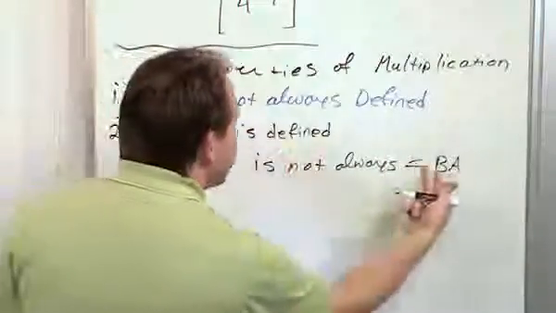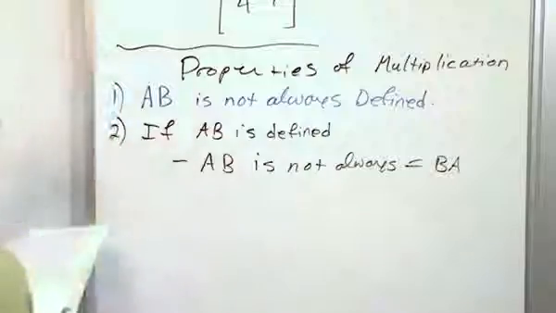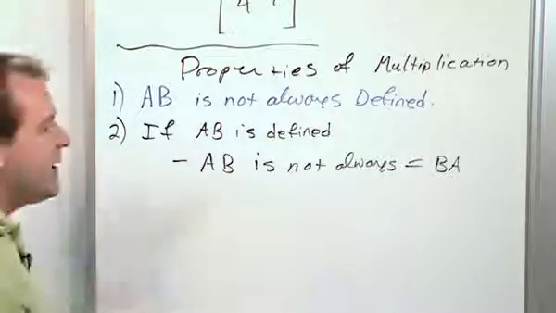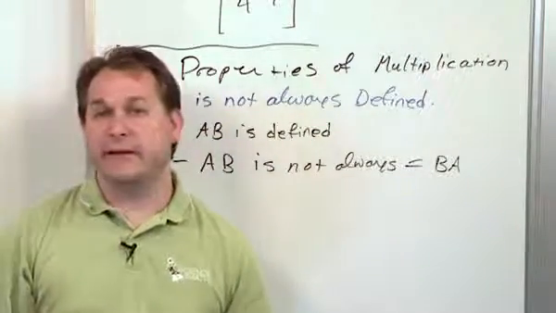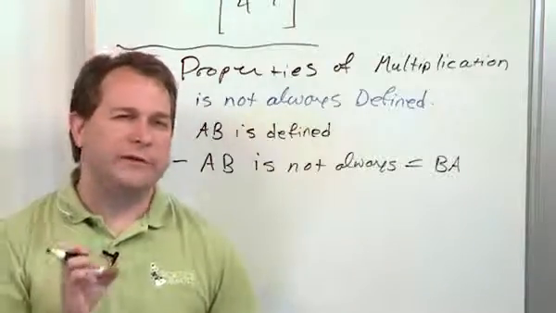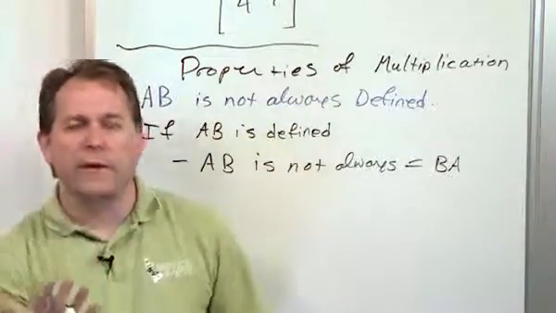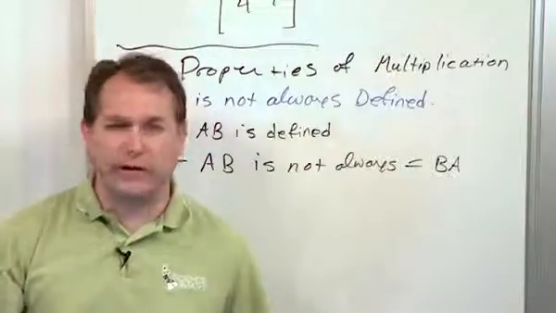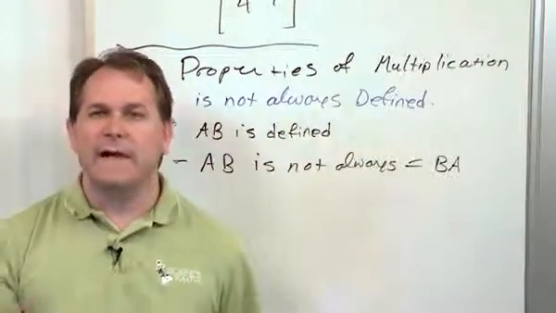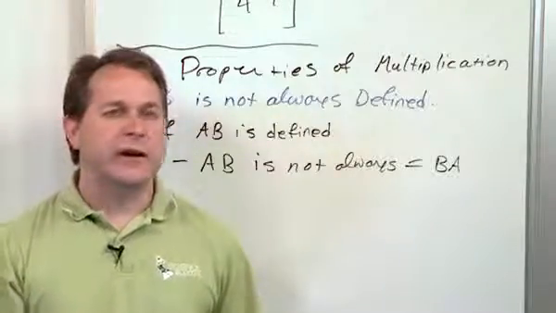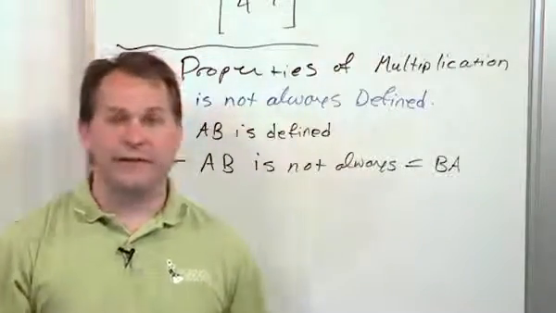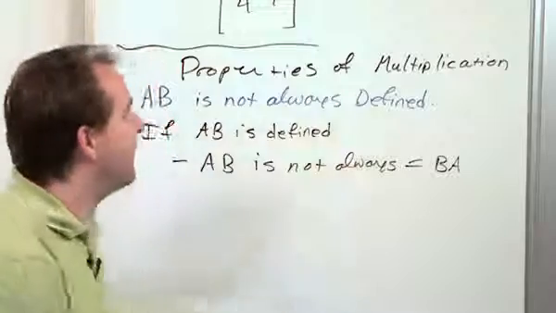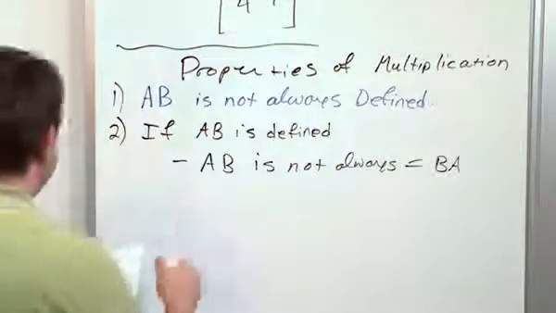And then I can flip the order of the multiplication and do that, and then that is not always the case. And if you think back to the properties we studied in a couple sections ago, that was called the commutative property, whenever you can flip the order and the order of the operation doesn't matter. In matrix multiplication, the order is critically important. It always matters. And when you flip the order of multiplication, you are not guaranteed by any measure to get the same answer. And it just comes about because of the way we define multiplication.